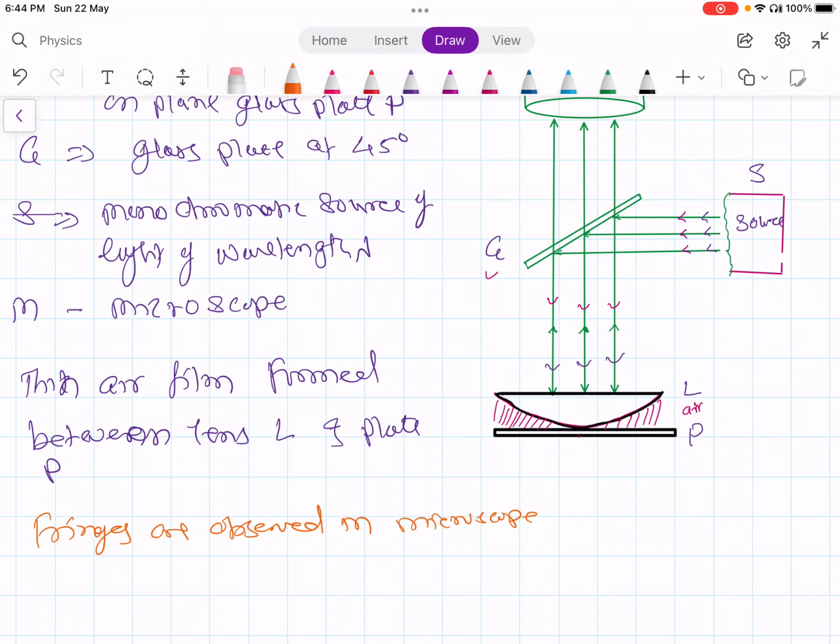What you see there is alternate dark and bright rings observed, which are concentric around the point of contact.